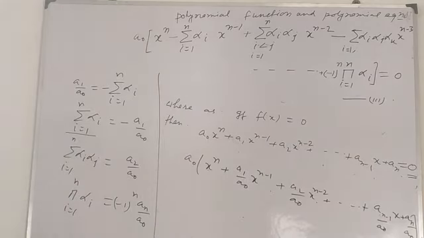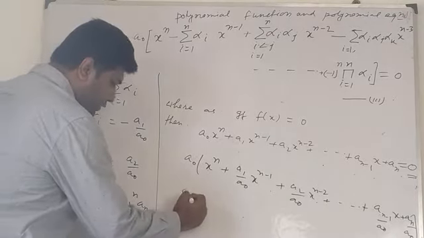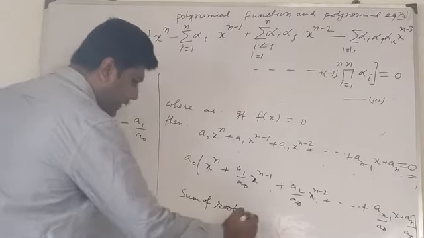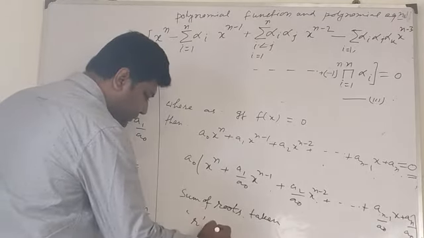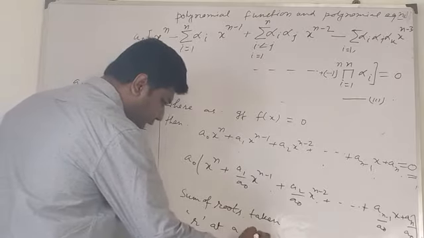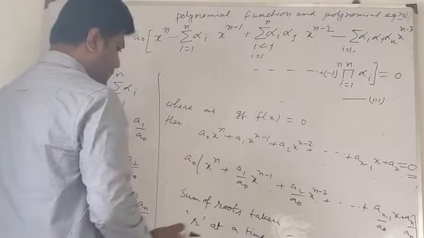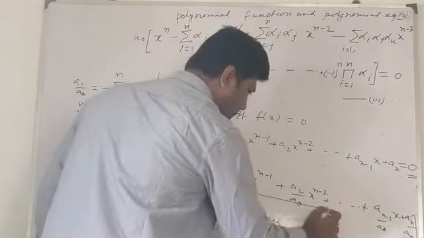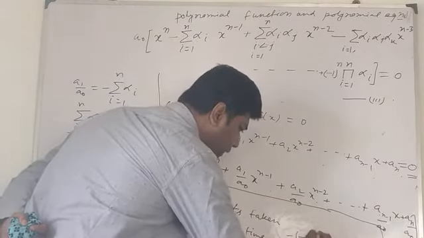So it can be generalized in a simple manner. What is that generalization? The generalization is sum of root taken r at a time can be written as minus 1 to the power r.